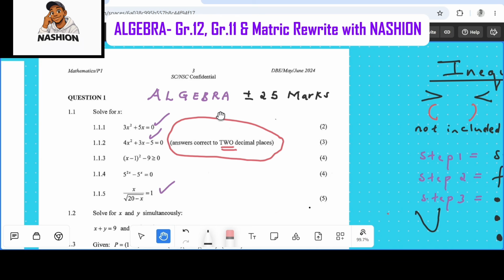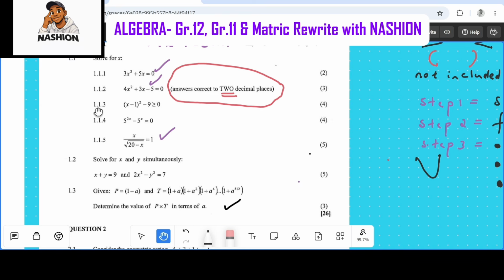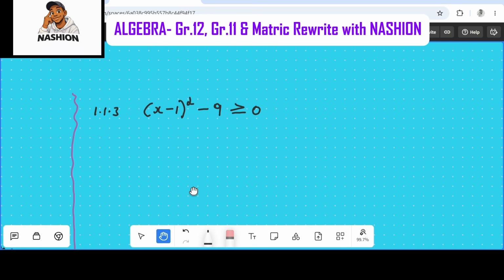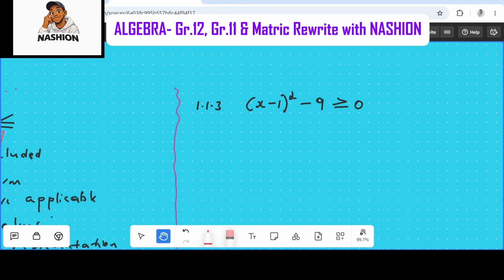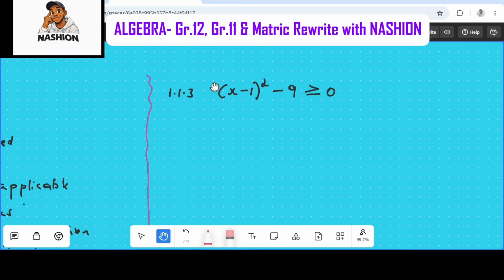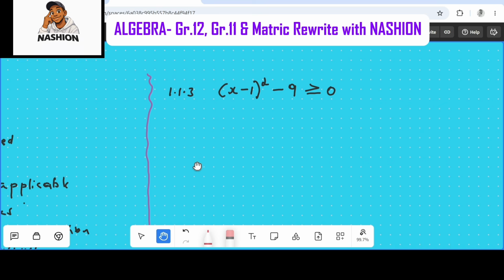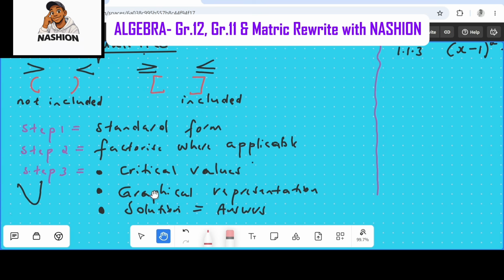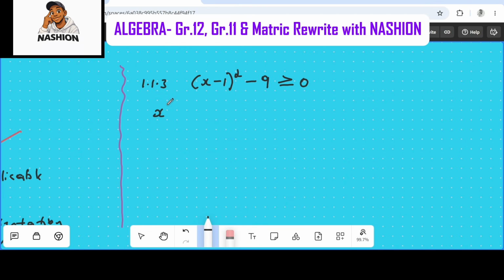Now from this question paper, let's do question 1.1.3. This one, 4 marks, inequalities. How do we start? Standard form. If our equation is quadratic, and in this case it's going to be quadratic because when we remove the brackets, the x is going to be squared, we have to write our standard form as a quadratic standard form. X will be squared.